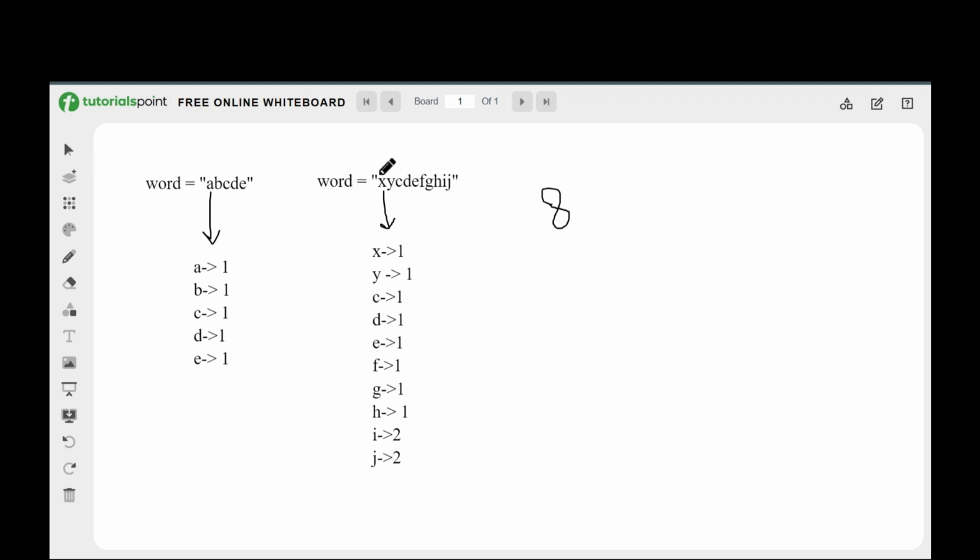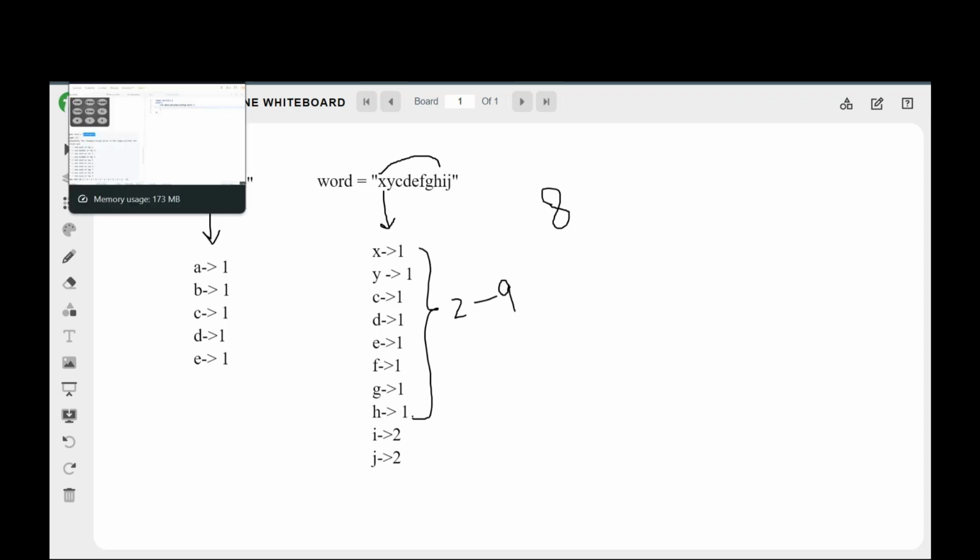So the first 8 characters that we have, X, Y, C, D, E, F, G, H, can be mapped to the first position of 2 to 9, right? I hope you're getting this point.